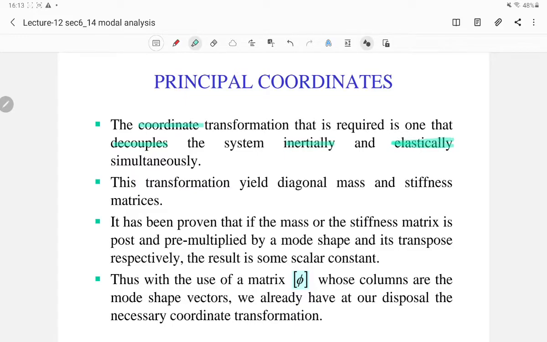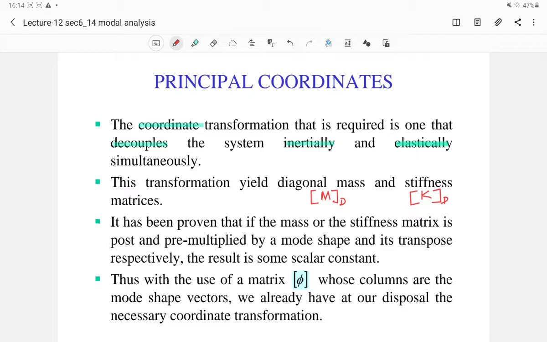We want both the stiffness and the mass matrices to be uncoupled, so that it gives you a diagonal matrix of mass and also a diagonal stiffness matrix. So we want both to be diagonal at the same time.